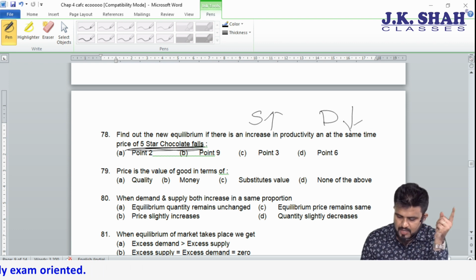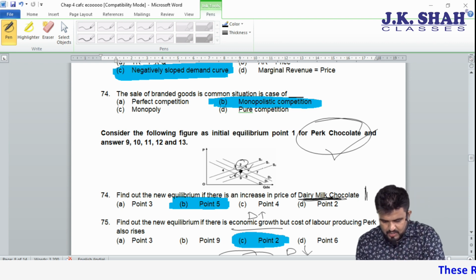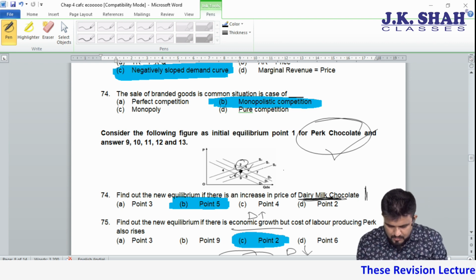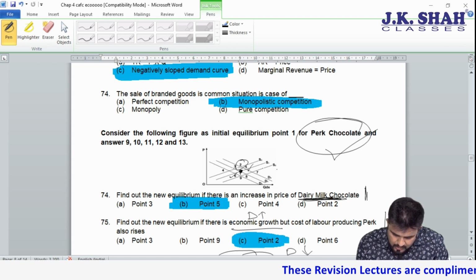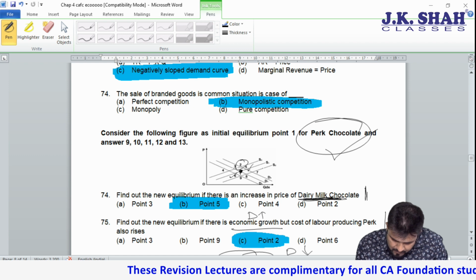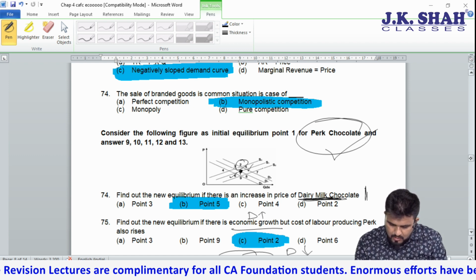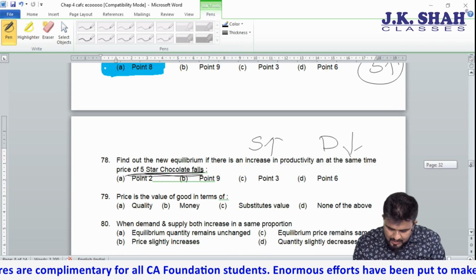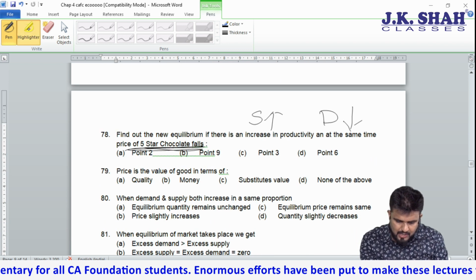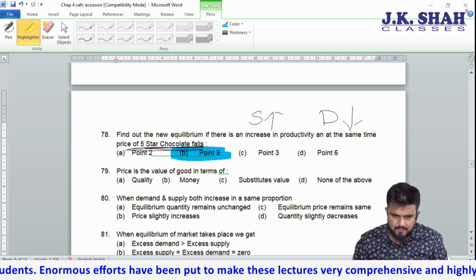So higher supply, lower demand. Supply will shift towards right. That is your S2. Demand will shift towards left. That is D2. They both meet at 0.9.